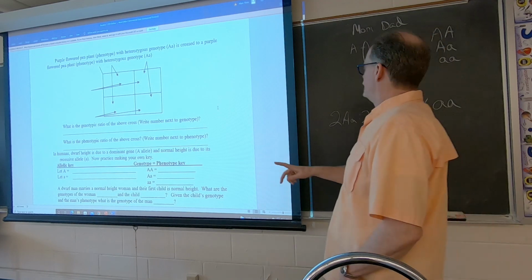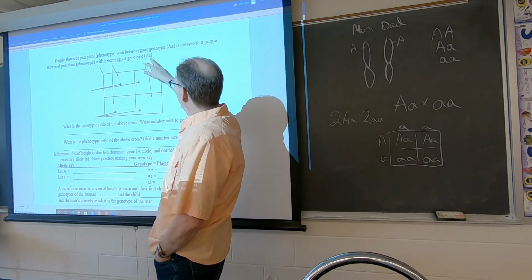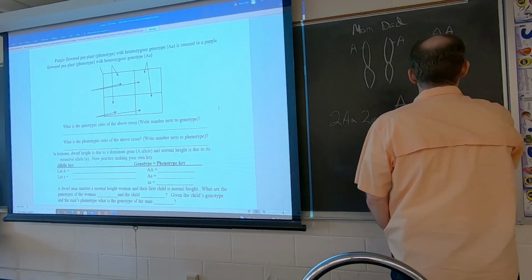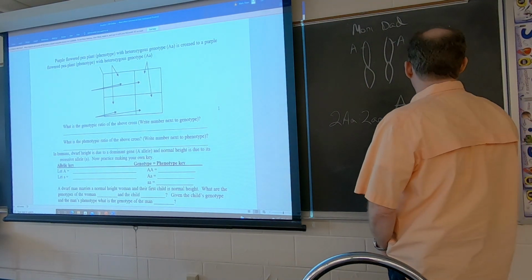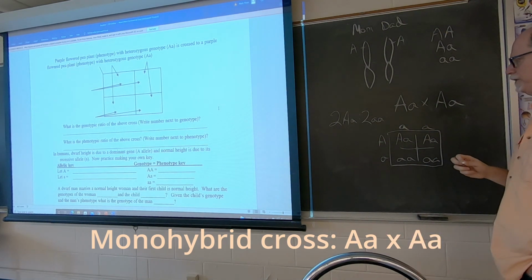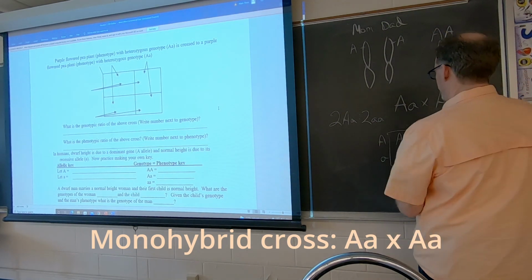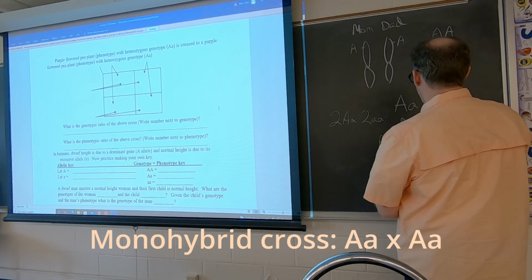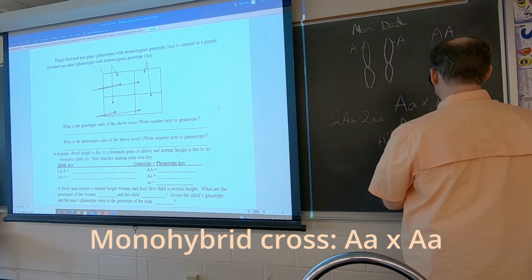And then I already did this cross already, right? Big A, little a. That's the heterozygous cross, where you have, this is a monohybrid heterozygous cross, and you get the typical 3 to 1.